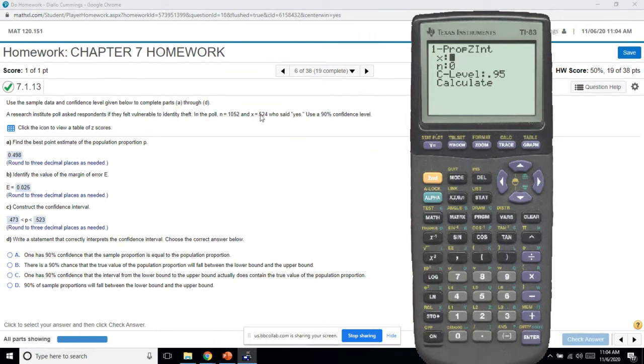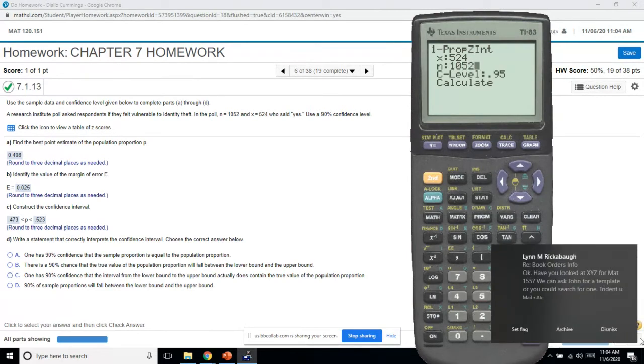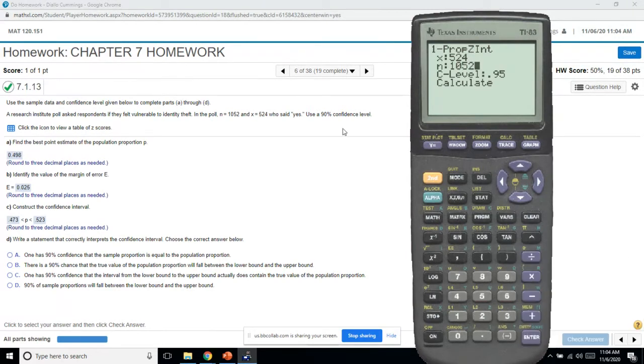It asks for X. So X is 524. It asks for n, and n is 1052. It also asks for a confidence level, so I'm going to change my confidence level to 0.90, and I'm going to calculate.